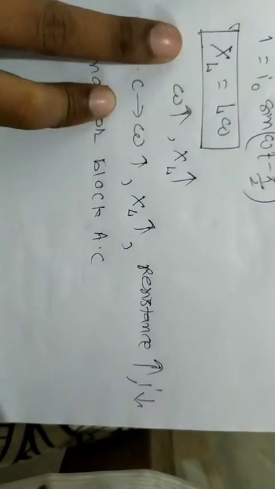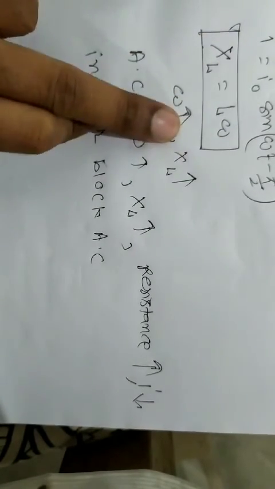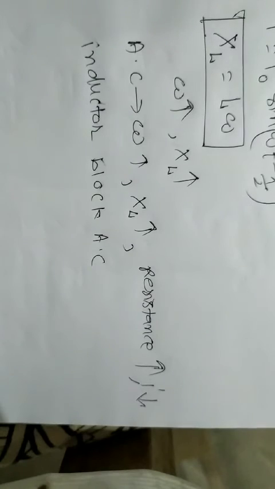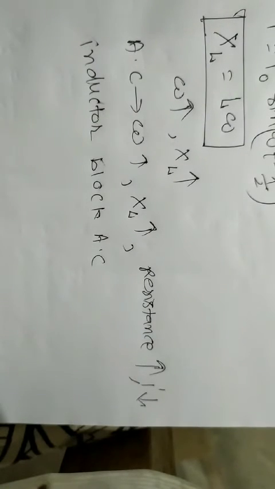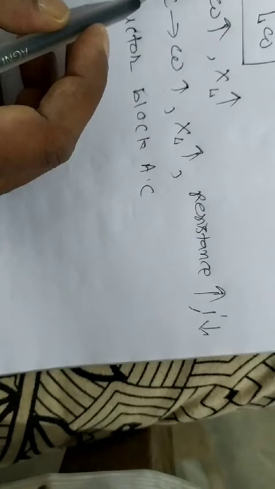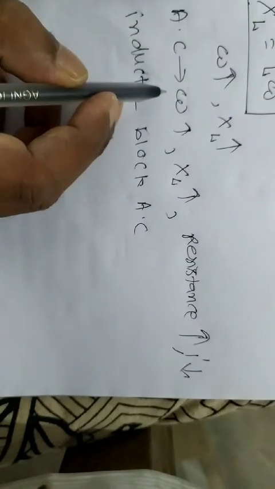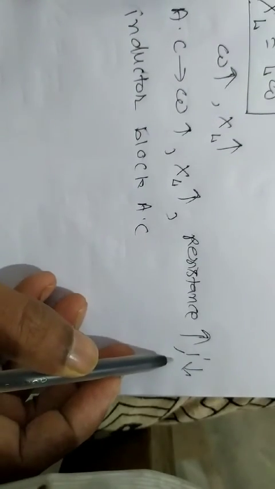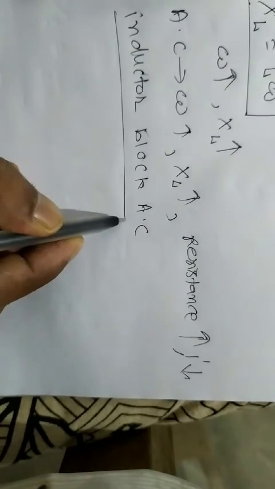When omega increases, XL increases; when omega decreases, XL decreases. So in alternating current, omega is very high, current will be very low, and we say the inductor blocks AC.